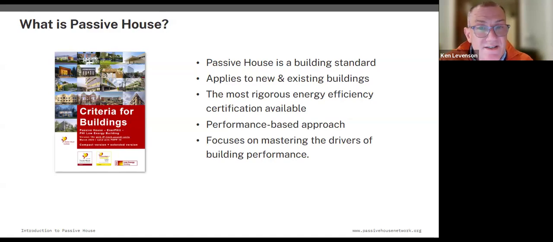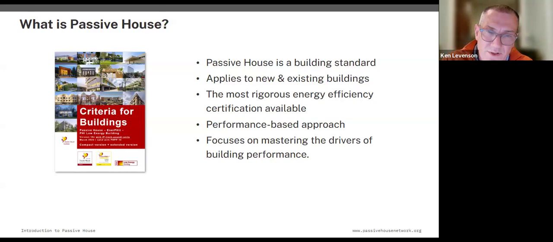It applies to new and existing buildings, so we can look at retrofits like that old townhouse, but new buildings of any kind could be single family, high rise, residential, schools, factories, anything we do today in buildings could be a passive house. There's even an indoor sports center, pickleball court center going up just outside of Austin, Texas. That's like 14 pickleball courts that will be a certified passive house. So don't think it can't be done.